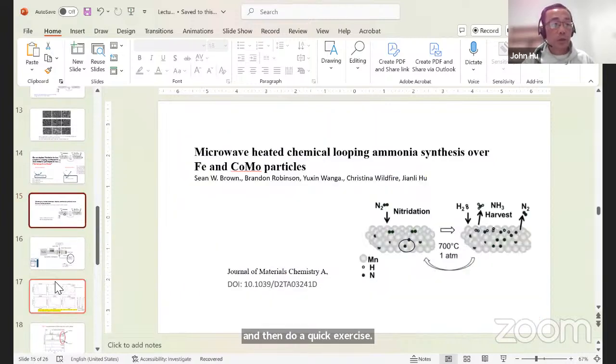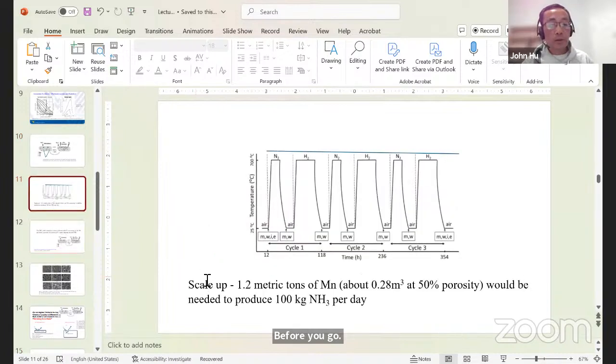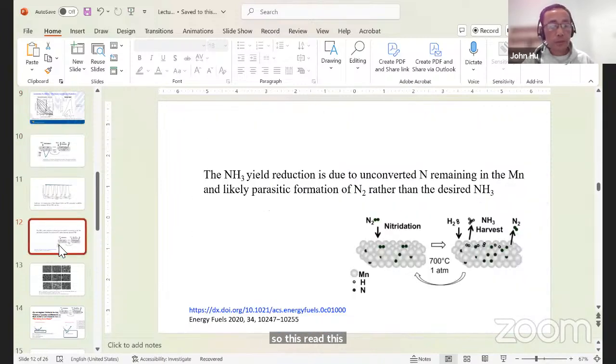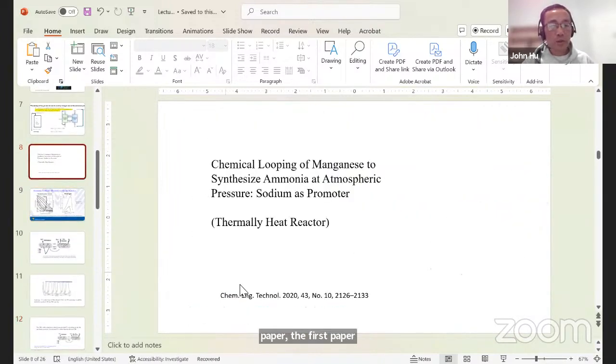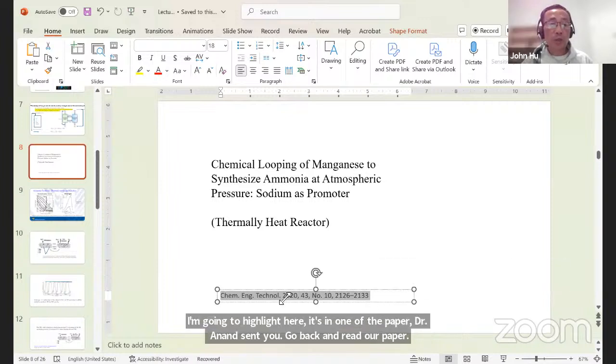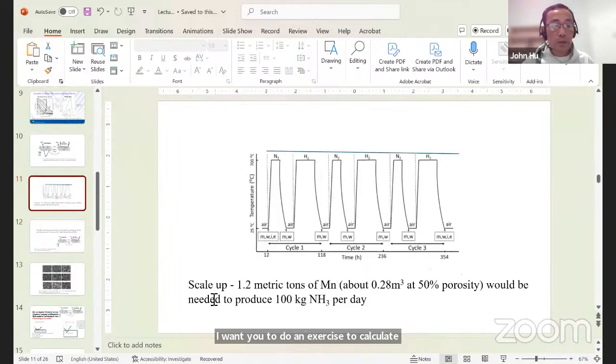Read this, not this one. So read this paper, the first paper, in Chemical Engineering Technology. I'm going to highlight here. It's one of the papers Dr. Anand sent you. Go back and read that paper. I want you to do an exercise to calculate if you come up with the same conclusion.